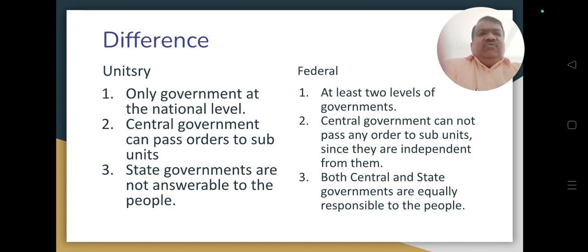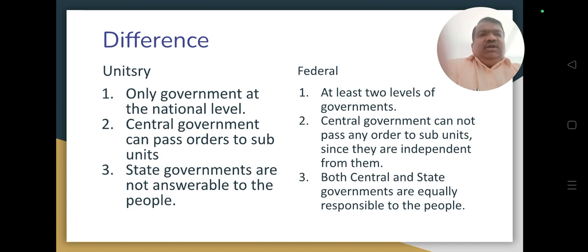In a unitary form of governance, the central government can pass orders to sub-units since they are working under the central government. But in a federal system, the central government cannot pass any order to sub-units since they are independent from it. In a unitary form of governance, state governments are not answerable to the people because they are not elected by the people.